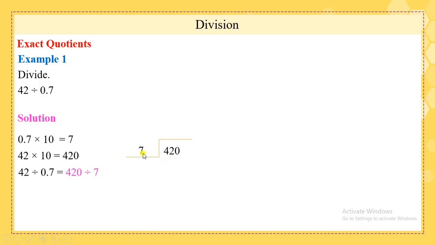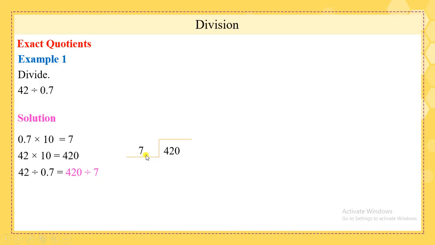Let us now begin our division. We have 1 digit in our divisor. We will take the first digit over here, but 4 is not enough to divide it by 7, then we are going to take 2 digits. Now, divide 42 by 7.